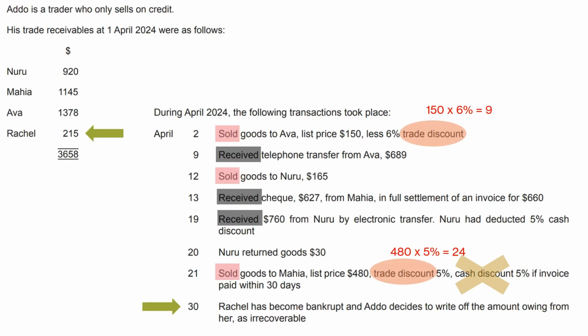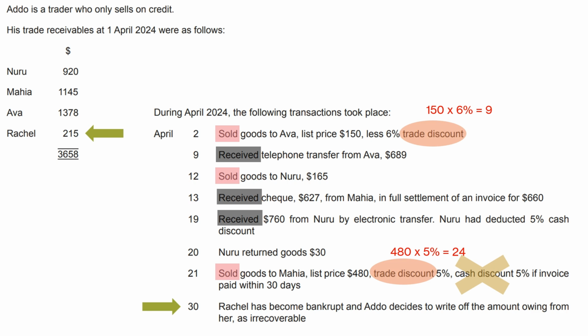So let's go back to the question. Take a look at the cash receipts, all the 3 transactions relating to cash receipts. So the first transaction received telephone transfer from Ava 689. It has nothing to do with cash discount.